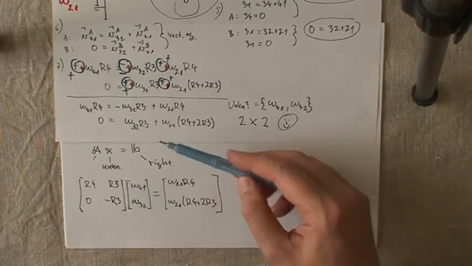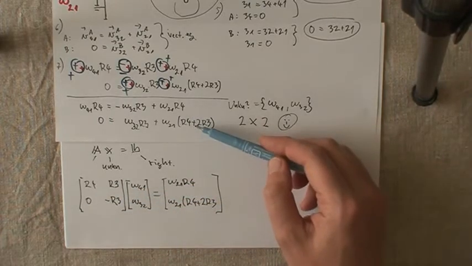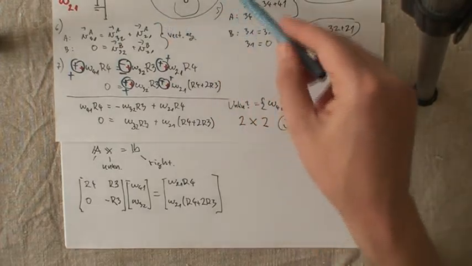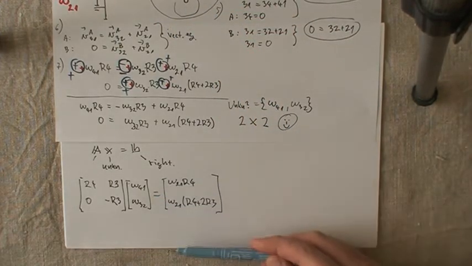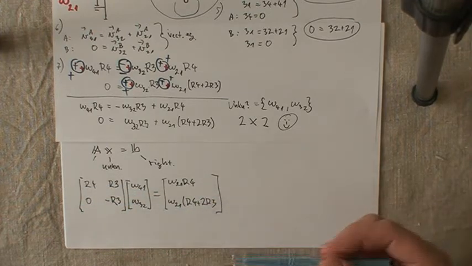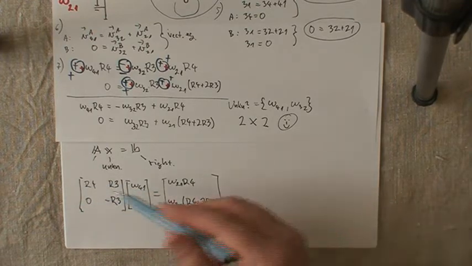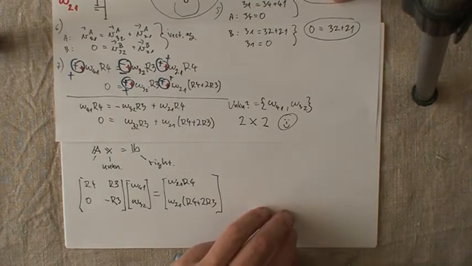So this is just a matrix form of this set of equations. If we have more complicated planetary gear, we will have more equations, we will have larger matrices, but it's just a set of linear equations, so it's easy. Okay, so that's the example.